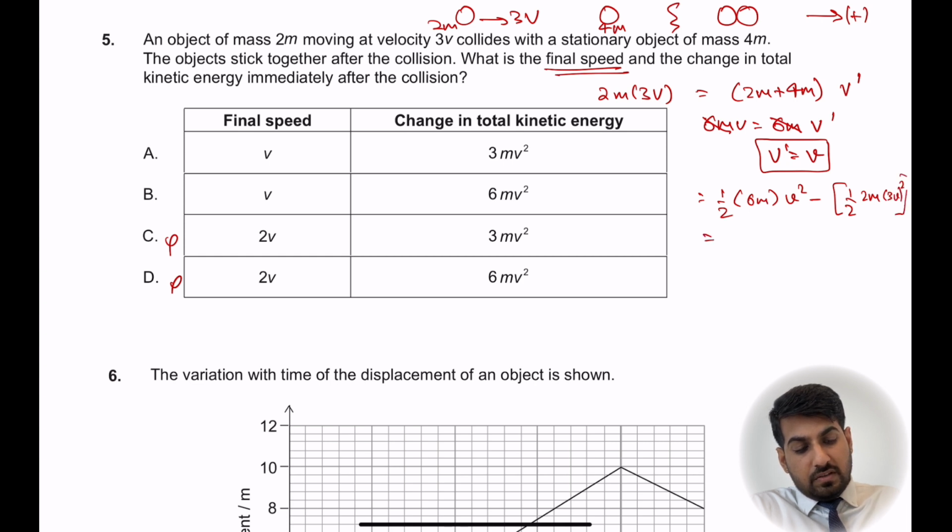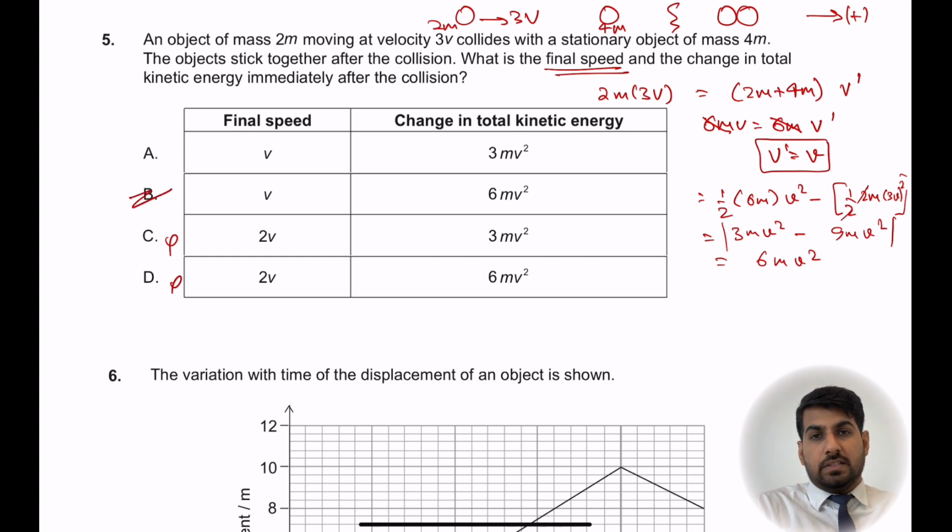So this will be 3m v square minus 9m v square. There is a loss of kinetic energy. Sorry, it's the gain in kinetic energy. So we can say the change is 6m v square. Option B is the right answer. Okay.